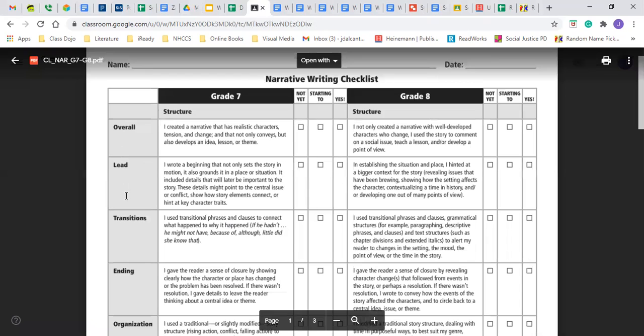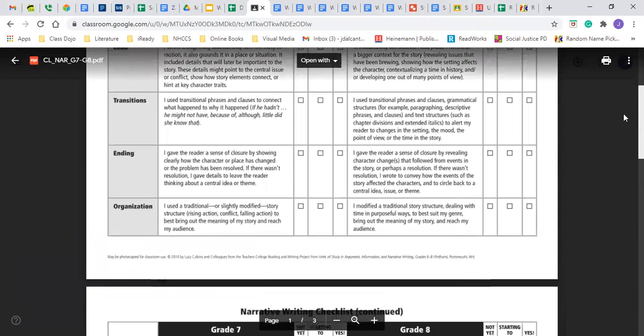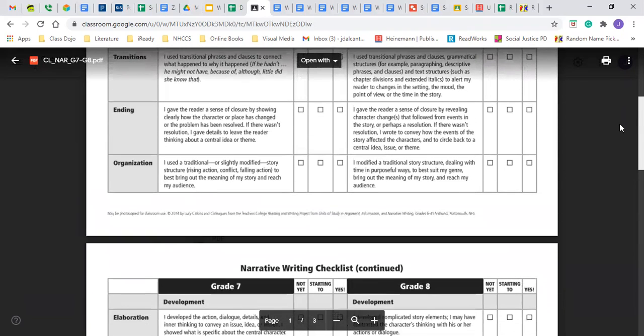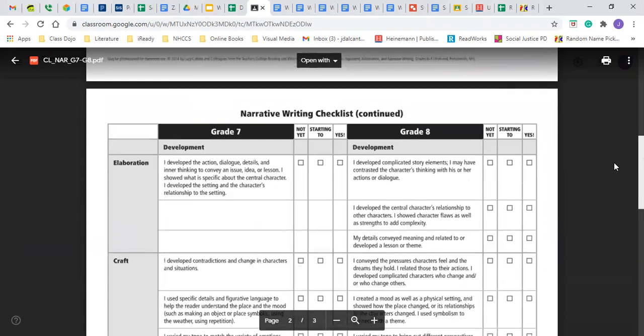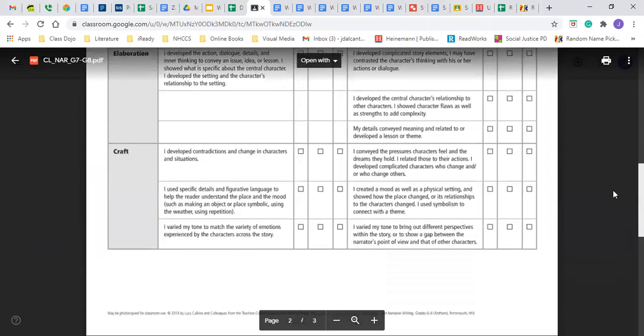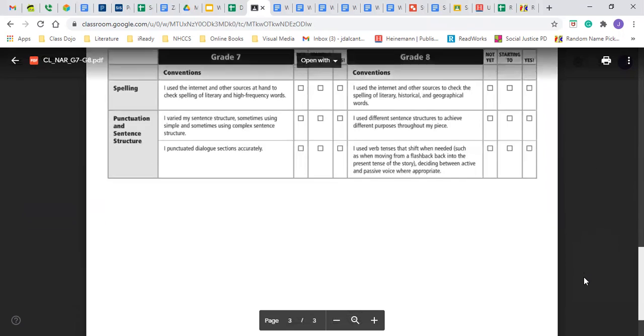So it shows each of the categories that are going to appear on the rubric. They will be graded on at the end of this unit. And again, I apologize for going fast, but this is already on Google Classroom and I have reviewed this in class already with students. Look through this, see where you are.